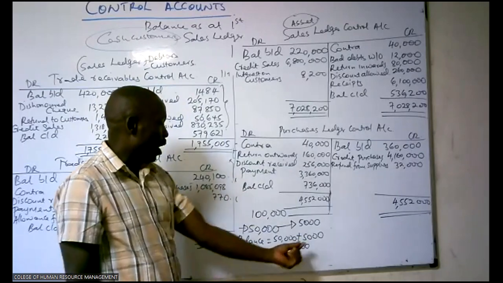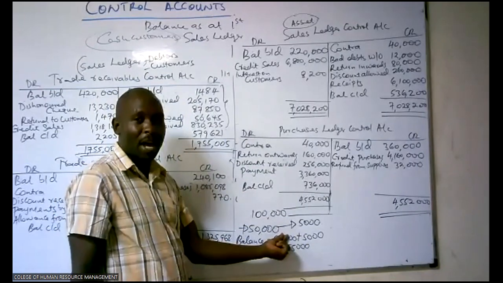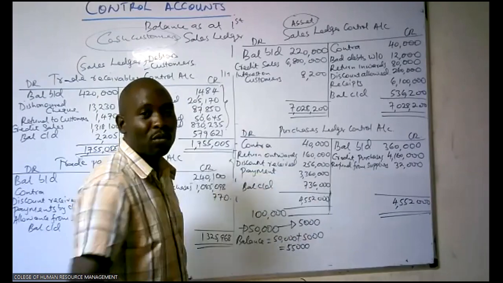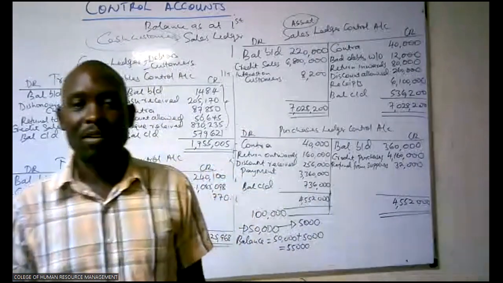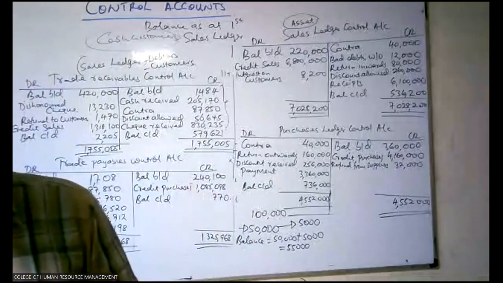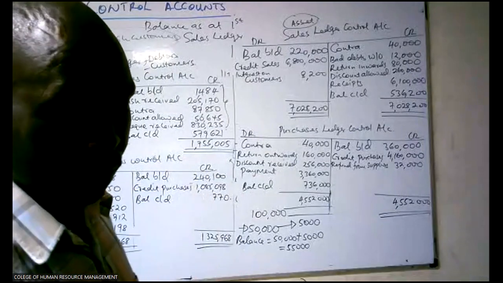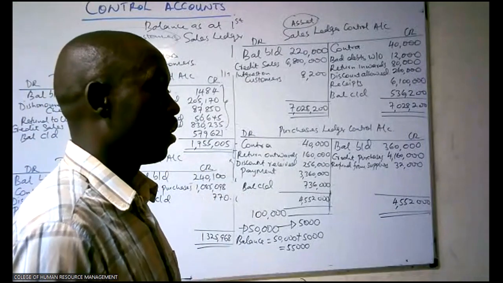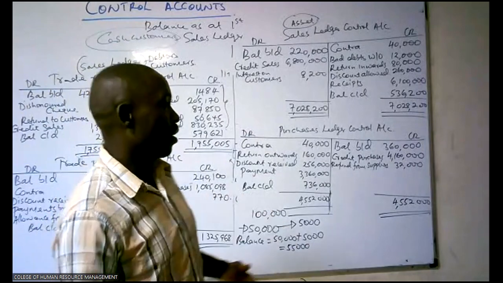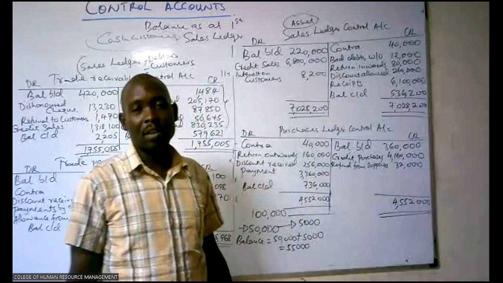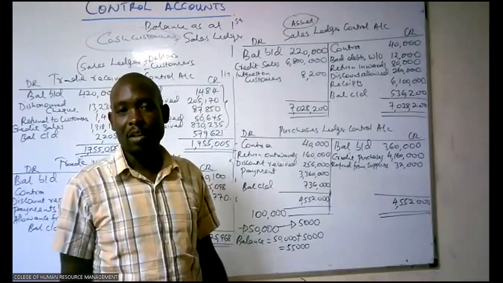Yes. When we receive a refund from a supplier, it increases the balance of the others. So we are looking at it as the creditors. If one creditor refunds, it still increases what we owe the other creditors. Correct.